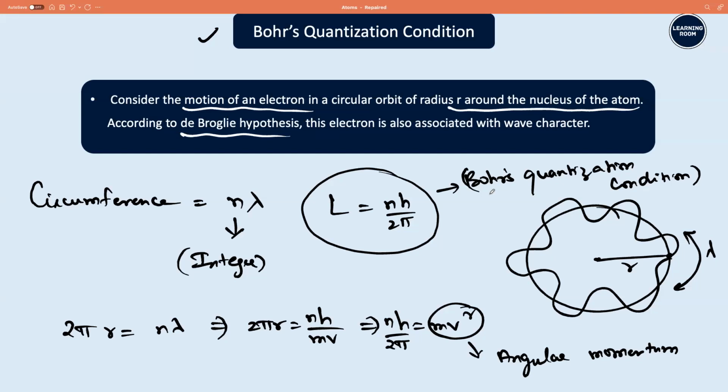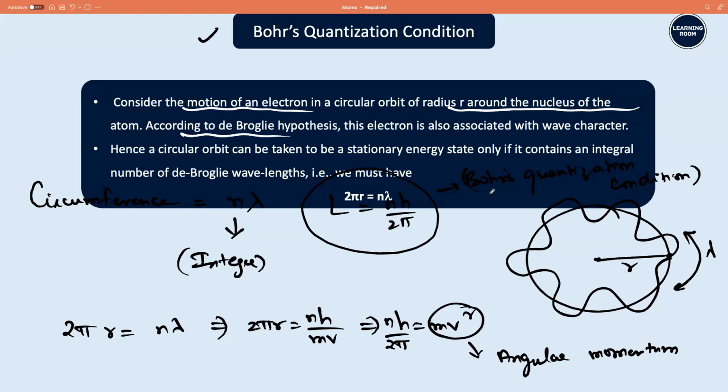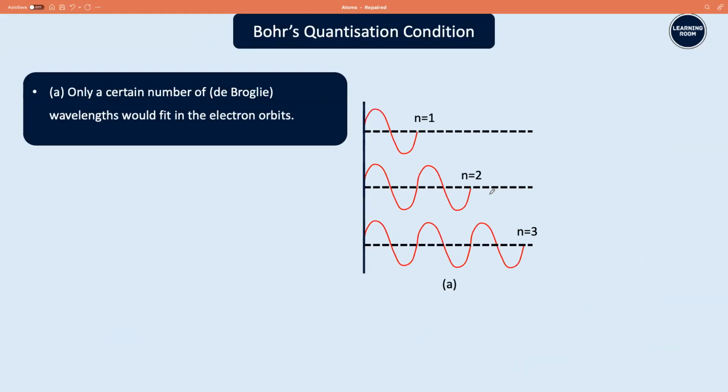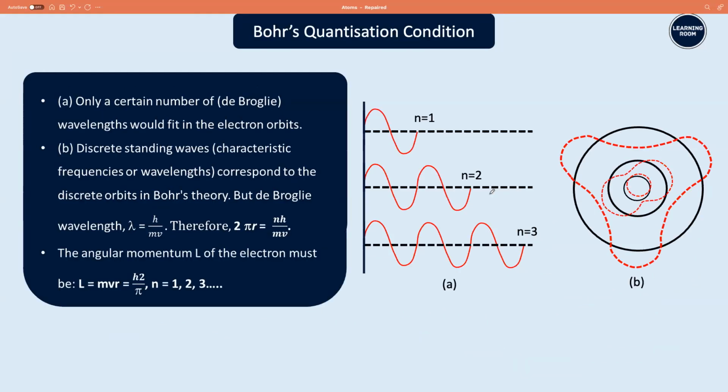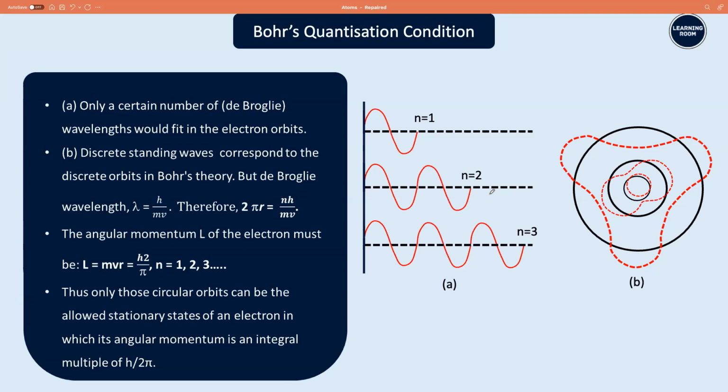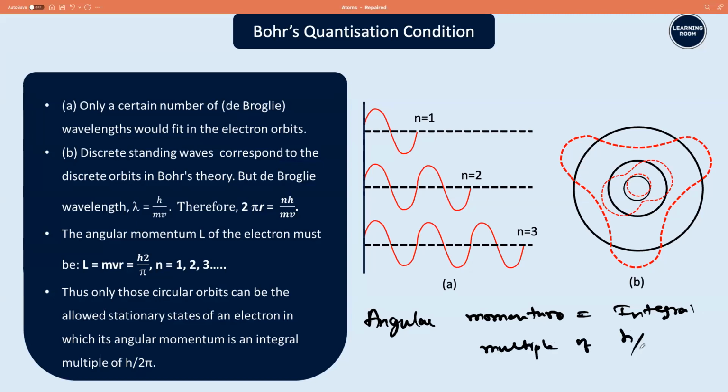Okay. So Bohr's quantization condition says that the angular momentum, this is the statement, is equal to an integral multiple of h divided by 2 pi.